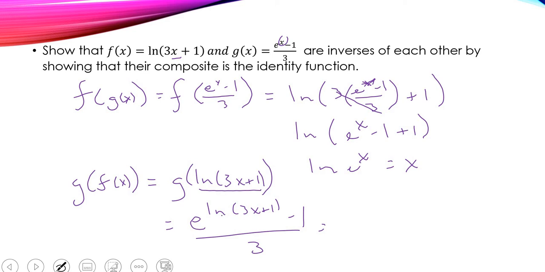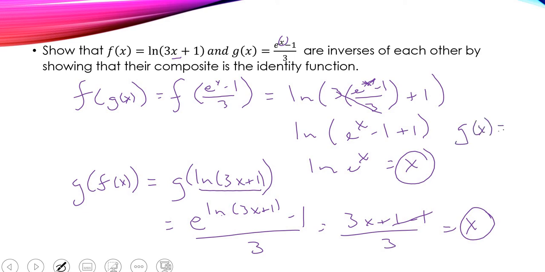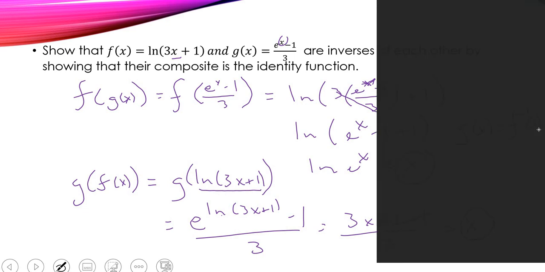This e to the ln of this is just 3x plus 1. Those will cancel and I will get x as well. Since both composites end up being just x, I can say that g of x is the inverse of f.